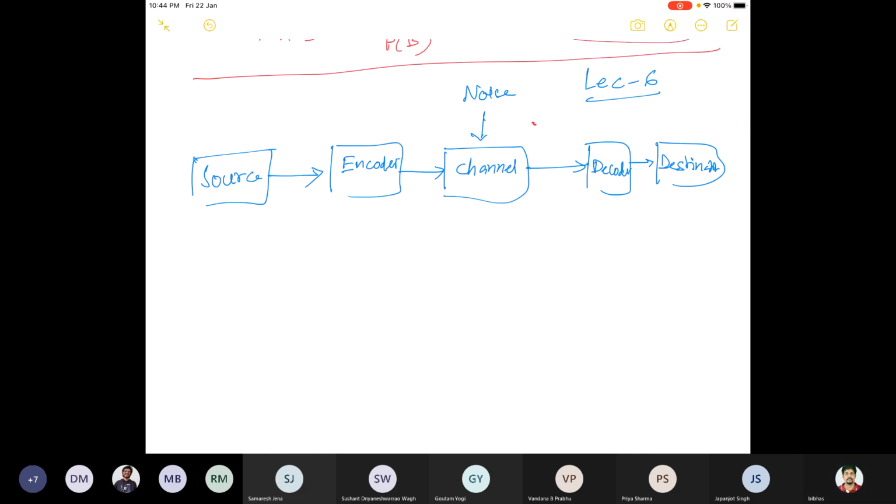So this is where we started with. This is the block diagram of a communication system.